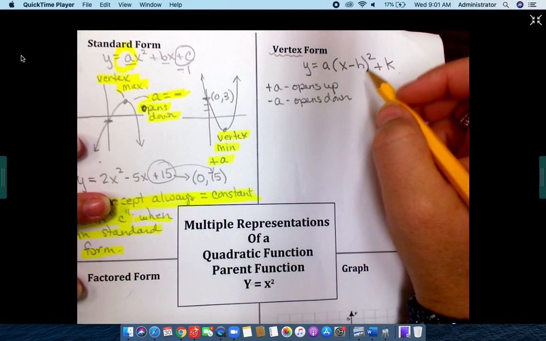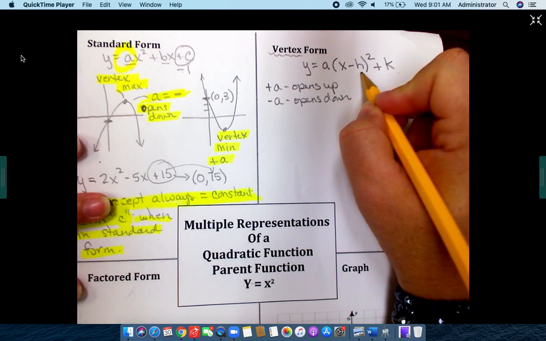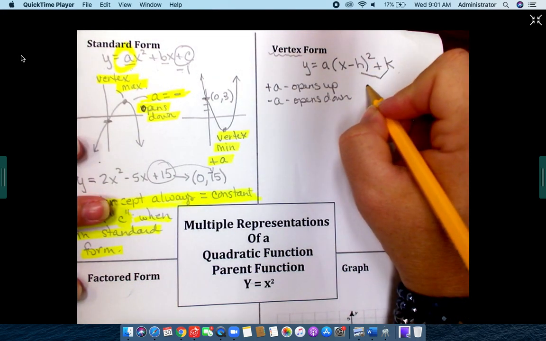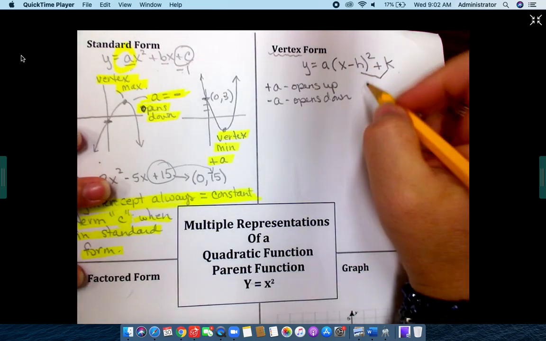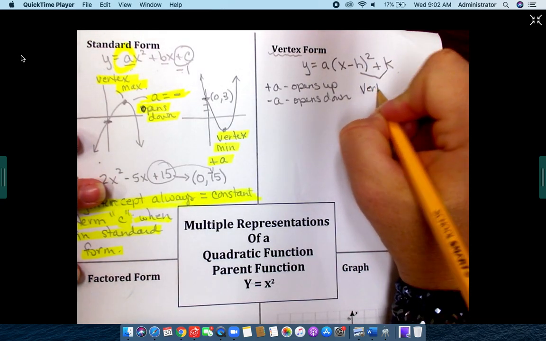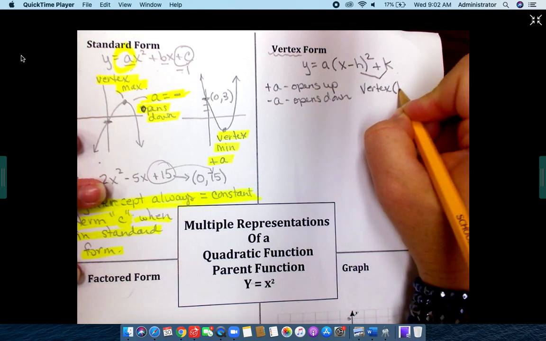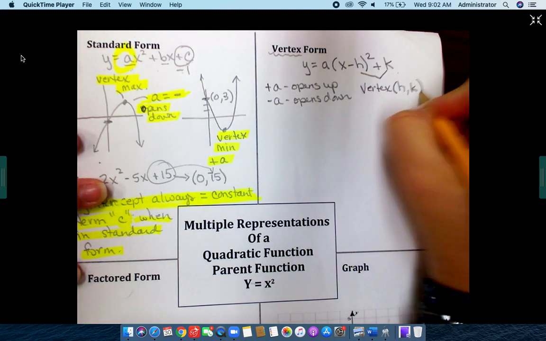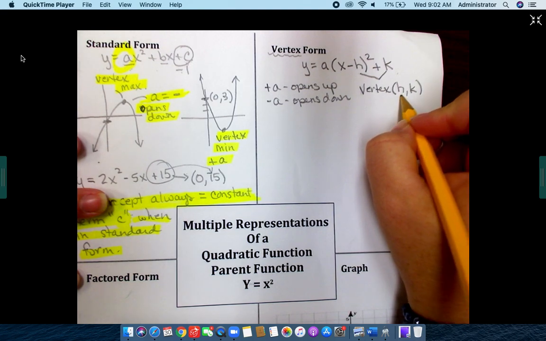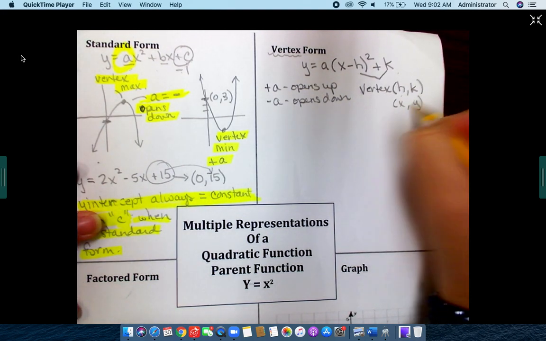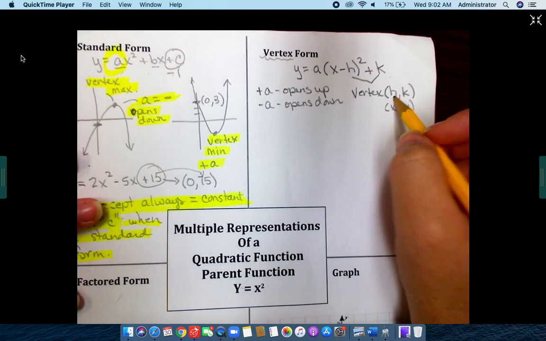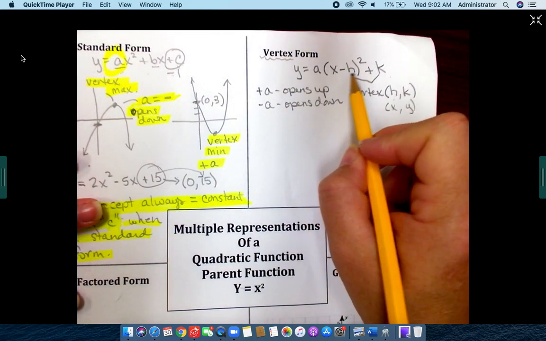The new most important feature has to do with h and k. So what we know is that in this form, our vertex is the ordered pair h, k. H is simply the x-coordinate, because we talk about x and y being points on a graph. We define them as h and k because h is horizontal.